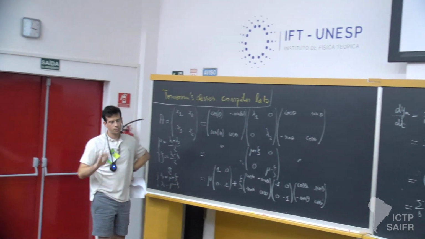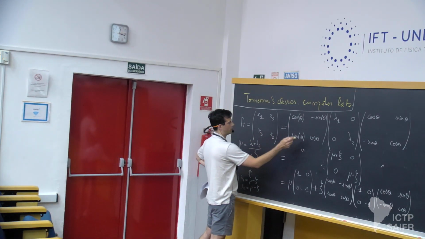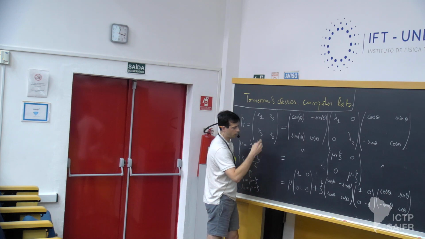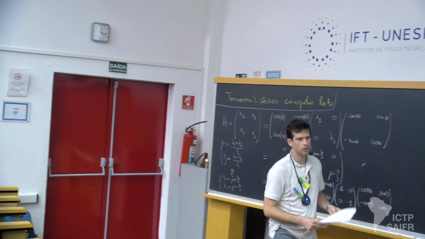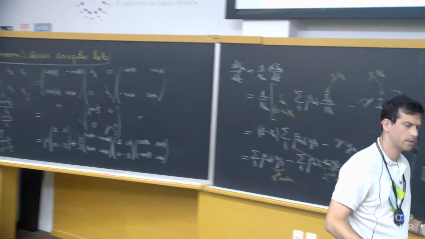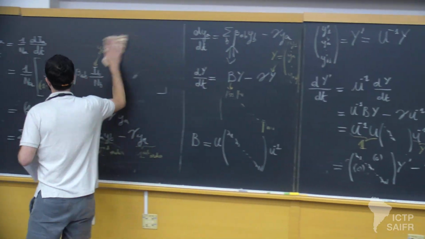So far, I've just changed the variables into lambda 1, lambda 2, theta, and then again into mu, psi, and theta. You will see later why it makes it simpler. Any questions so far?